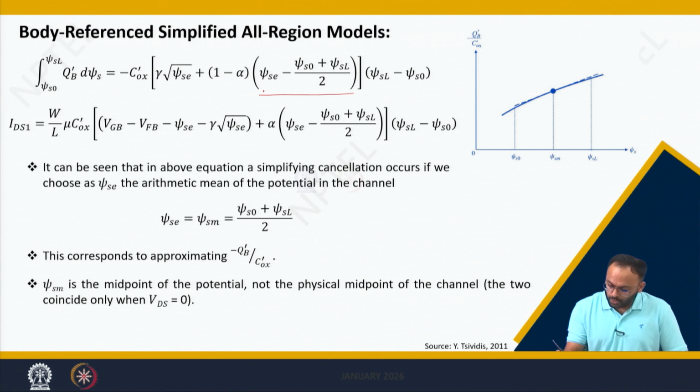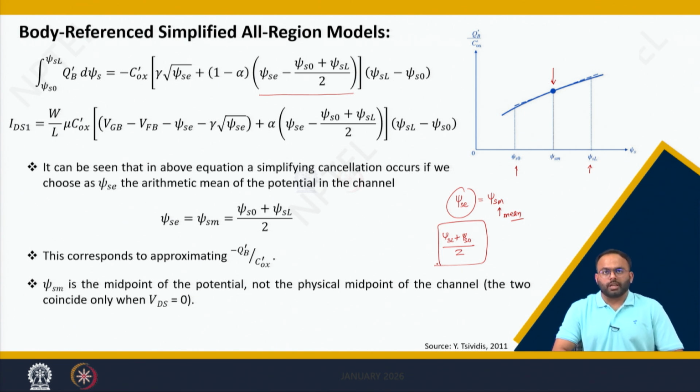Meaning, if we choose an expansion point exactly at the center between psi s0 and psi sl, or we can take an average, then we can say the expansion point is nothing but psi sm. Here m stands for mean. So we are choosing an expansion point psi se as psi sl plus psi s0 divided by 2.